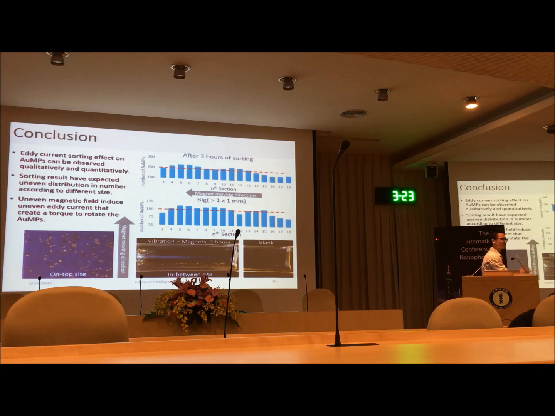And the different cross section will have different jacking force. So the smaller gold plates will have smaller jacking force. If both of them have the same force according to their volume, the smaller one will move slower and the big one will move faster. Did I answer your question?